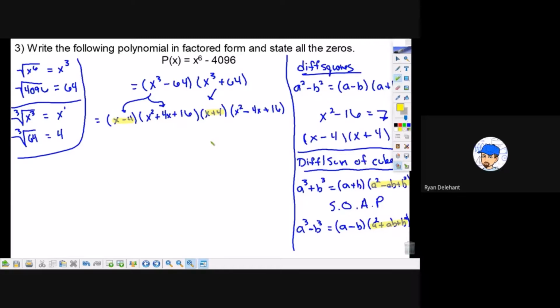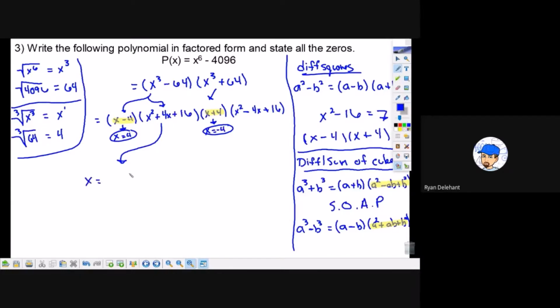We've already found 2, because this one says that one of the roots is x equals 4. The other one is x equals -4. Those are the two easy ones that we found on the graph. Now we need to take each one of these and plug it in the quadratic formula and find the two imaginary roots that come out of each one.